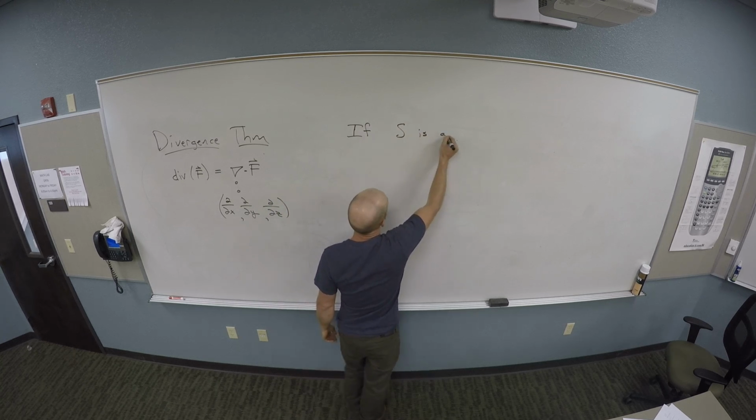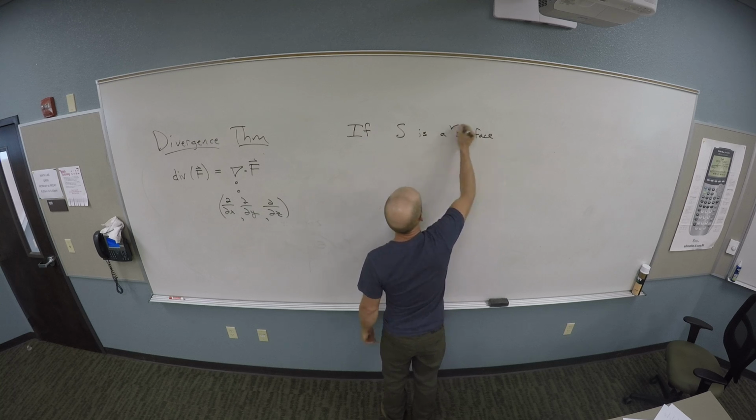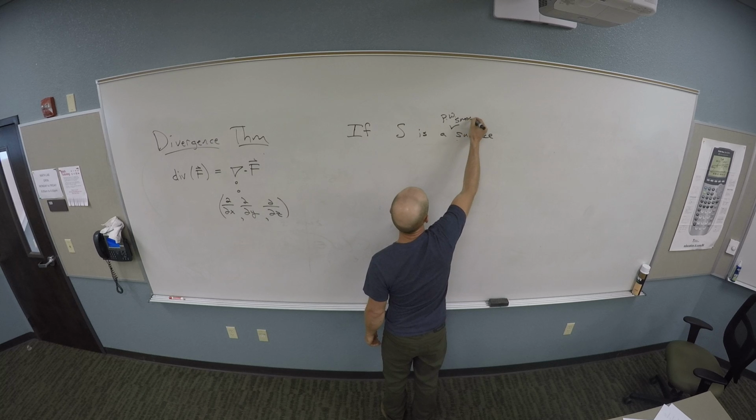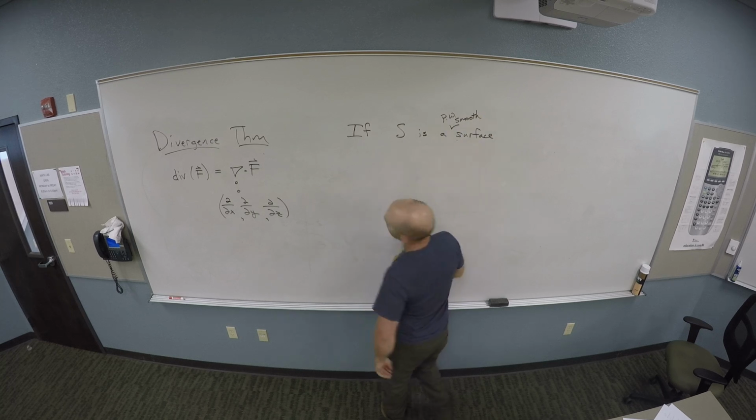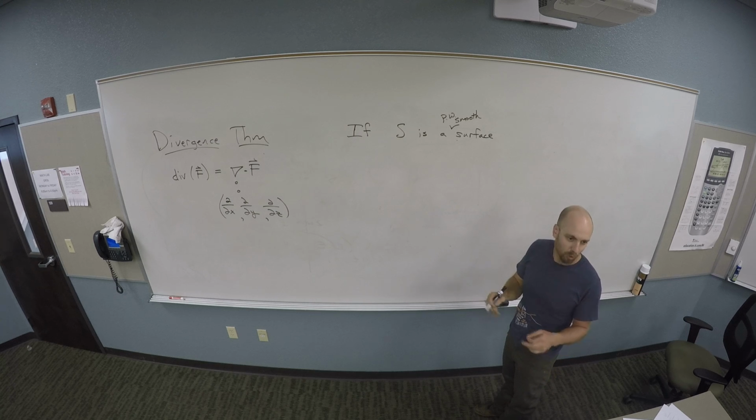S is a surface, let me throw in piecewise smooth here, meaning it can have sharp corners, but not lots of them, not infinitely often.